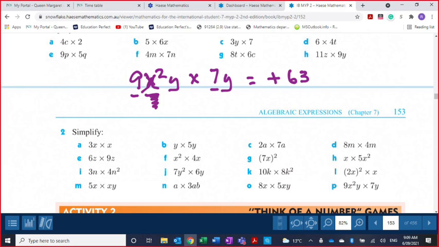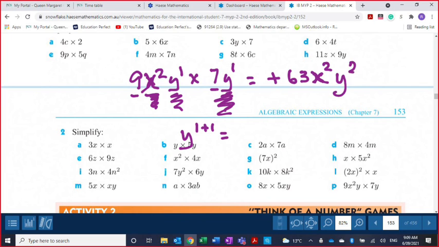Here I have an x term. There are no x's in this one, right? So that means that x to the second is just going to stay the same. But this one and this one both have a y in them, so that means I'm going to take that y and keep the base and add the exponents, so that's going to give me y to the second. And there's my completed answer.